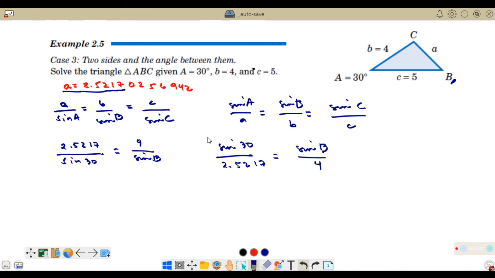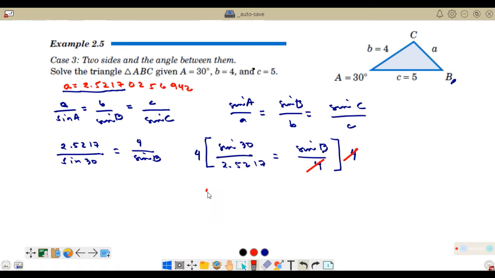So, let's apply the multiplication property of equality. We need to get rid of 4. For us to get rid of 4, we can multiply both sides by 4. So, 4 is gone because 4 divided by 4 is 1, and anything divided by 1 is equal to itself.